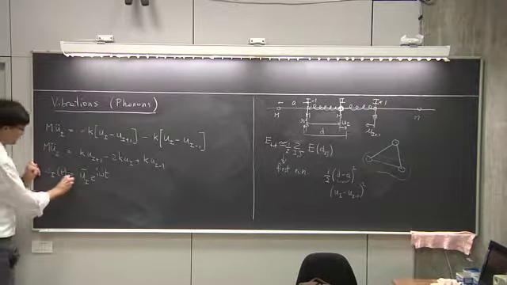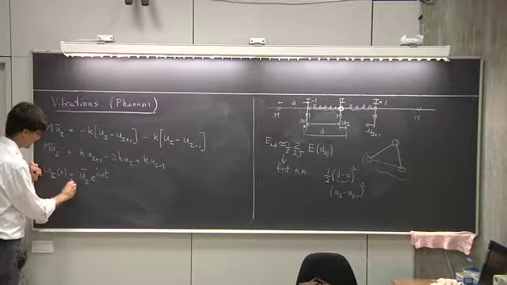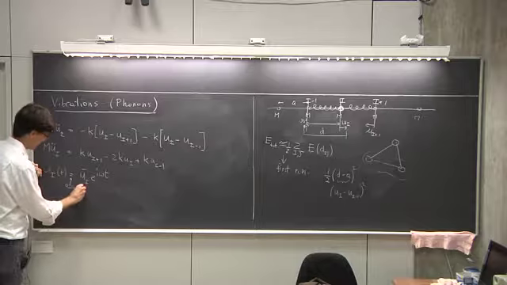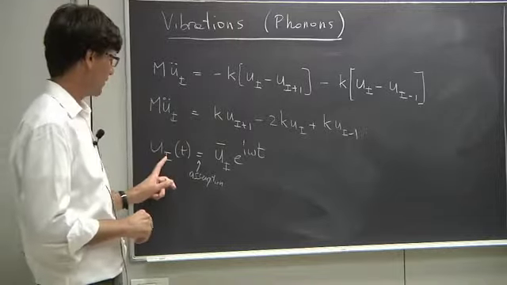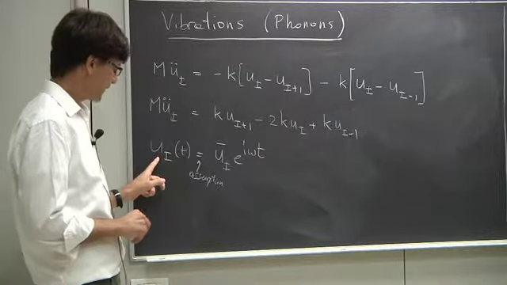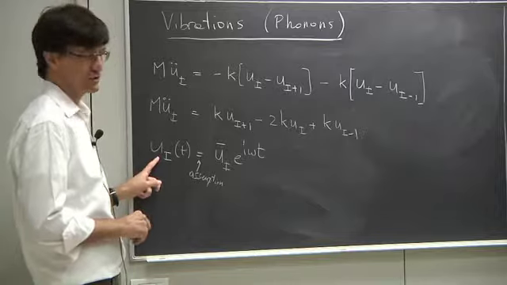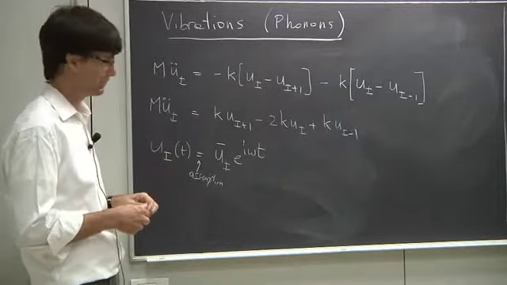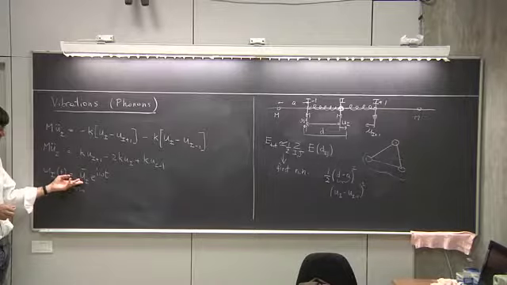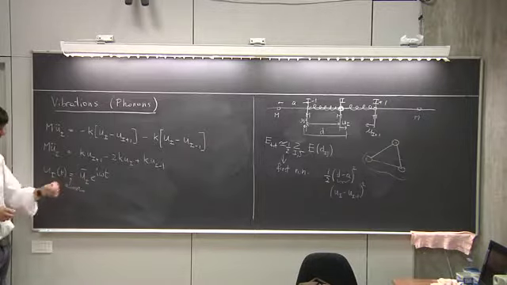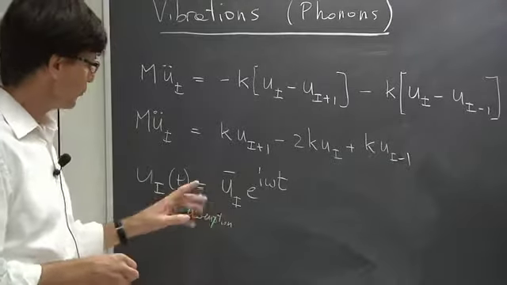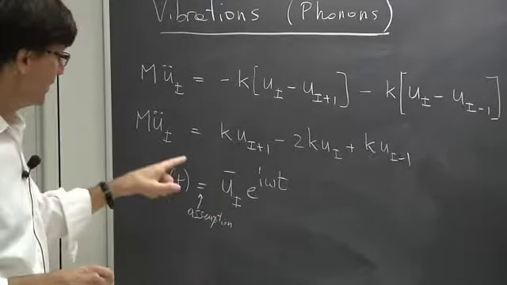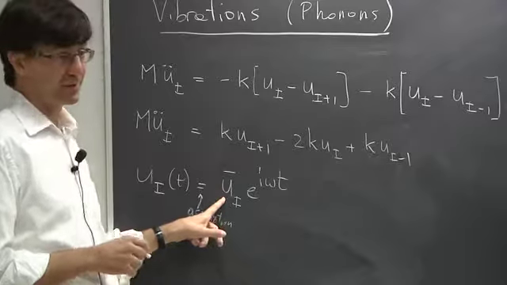So this is an assumption, and we're not going to justify it. Just take it as it is. We're going to assume that the time dependence of this motion is harmonic, with an intensity and a frequency omega to be determined. Notice here that what I mean by this is actually the real part of this object.